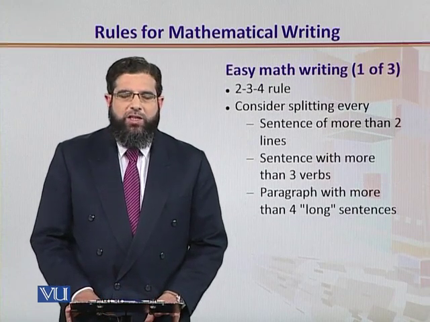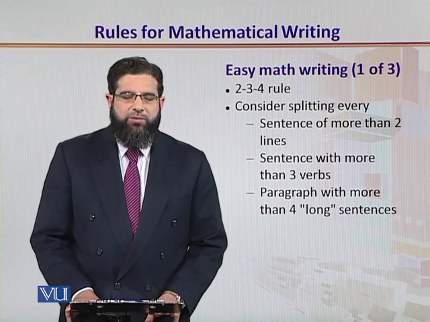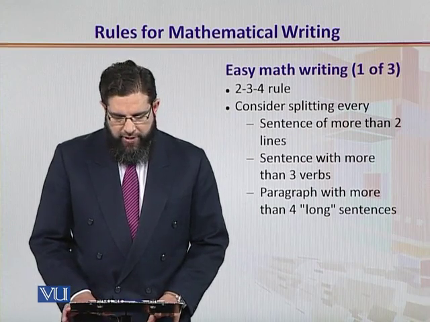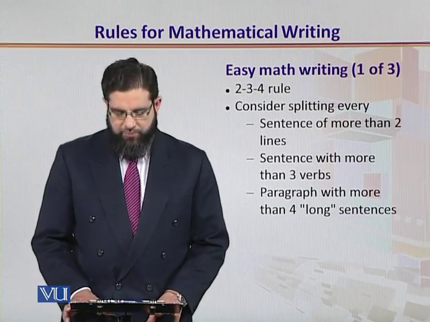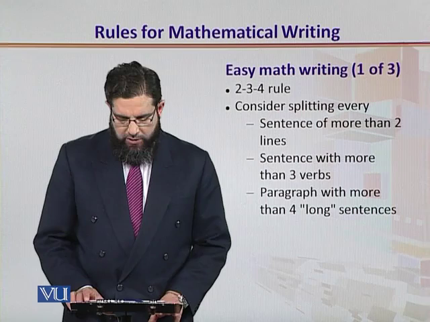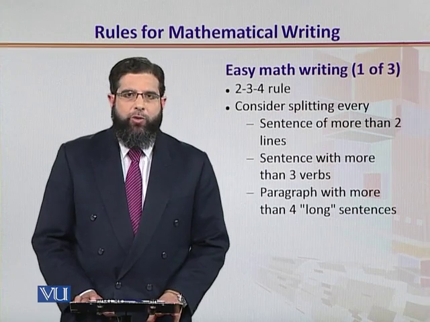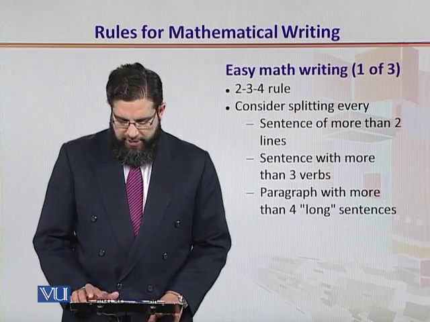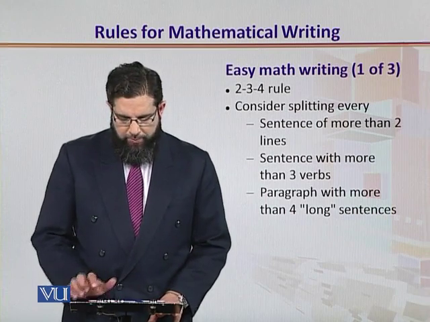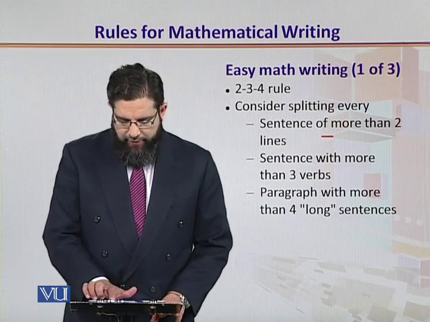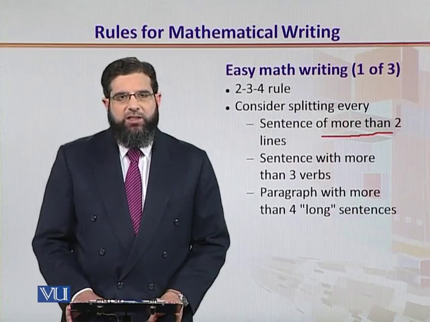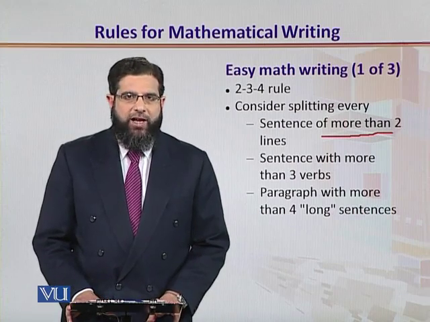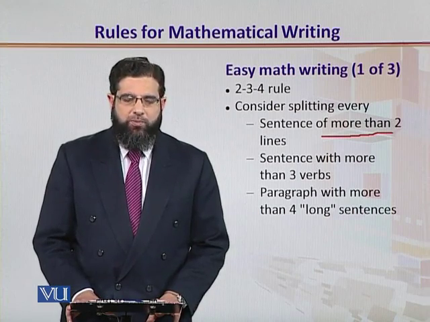Here we start with the first and the most widely adopted mathematical writing skill. It is called the 2-3-4 rule. Here, 2 implies that if we have a sentence that is spread over 2 lines, it must be broken down and split into 2.